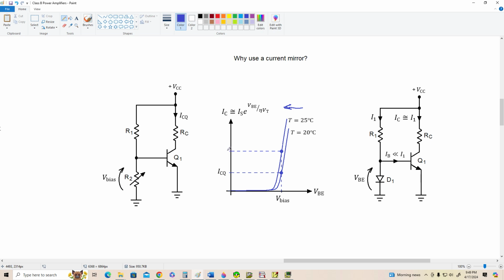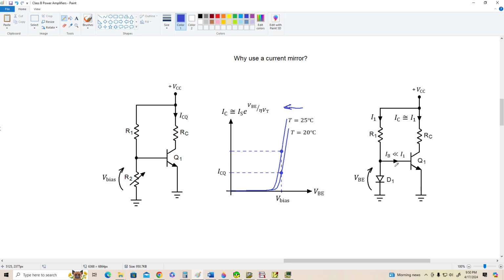Then the transistor is going to get a little hotter yet because it's carrying more current. Its temperature goes up, so the curve moves over a little more, current goes up, and so on and so on, and we get what's called thermal runaway. This circuit is very susceptible to thermal runaway. That's why we can't use this approach.